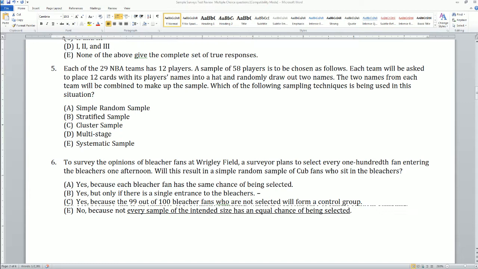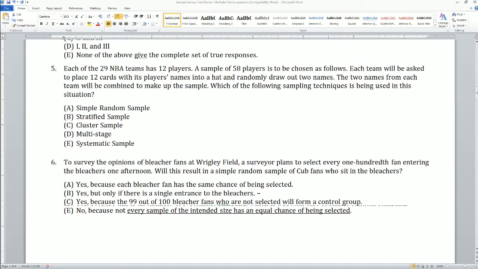But how is that systematic? How is there a rule? Systematic, ready? Are you listening? Systematic would be if I select every single third player from every single team. But I am combining the whole roster.